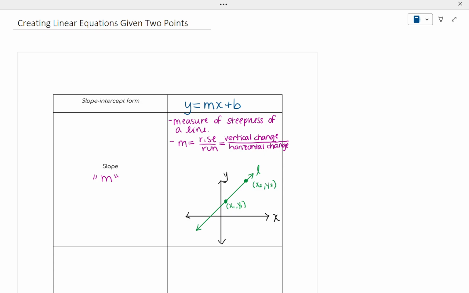So to find the slope, if we were to choose any 2 points on a line, we just had to find the rise and run between those 2 points. So what do I mean by that? The rise is the vertical change from one point to another. So the rise, and then we have the run, which is the horizontal change here. Run.